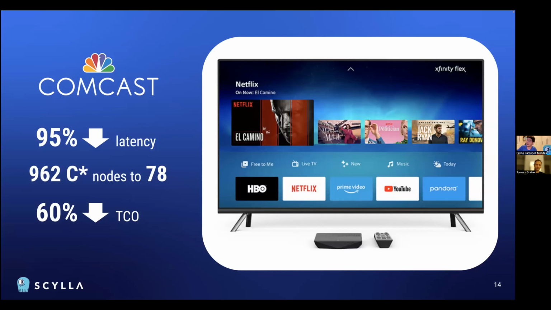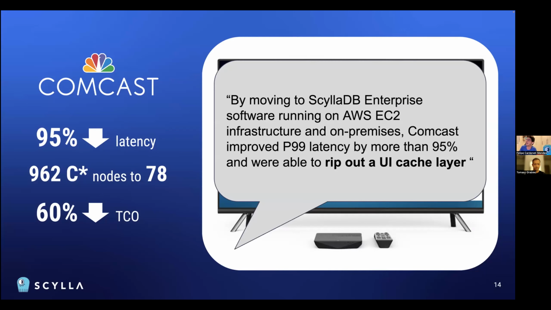So Comcast is a notable example of a customer who managed to not only drop their latency by 95%, and speaking of numbers, from 80 milliseconds to single-digit milliseconds on their P99.9, they also managed to reduce their previous Cassandra cluster size to only 8 nodes, resulting in 60% TCO savings.